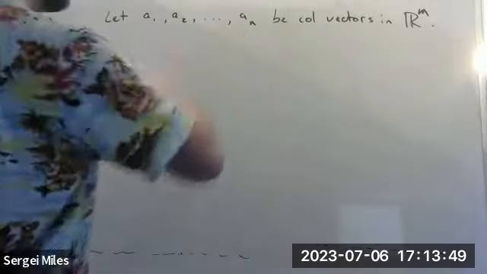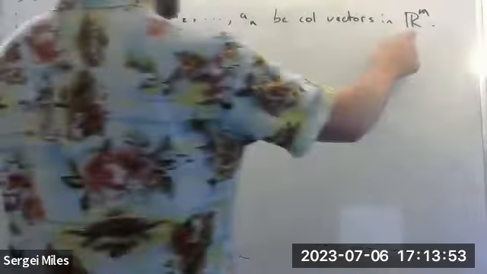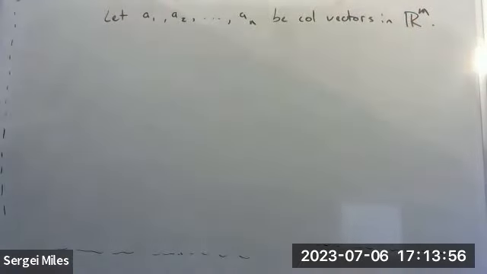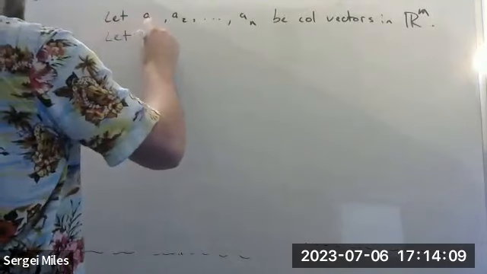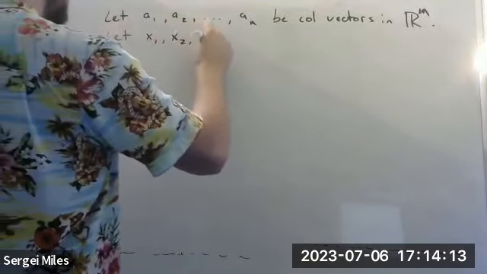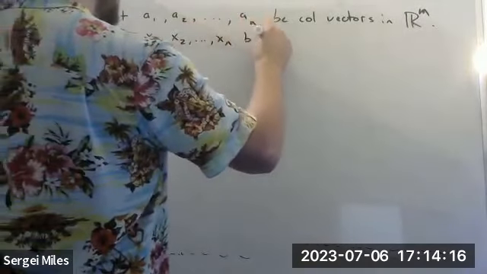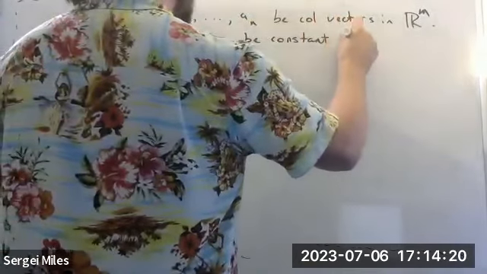I have n vectors, and each vector is in Rm, meaning each vector has m entries if you were to write it as a column vector. Okay. Well, then if I have scalars, let x1, x2, ..., xn be constant scalars.